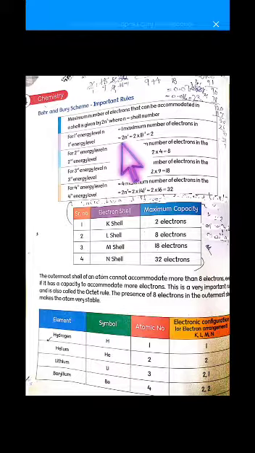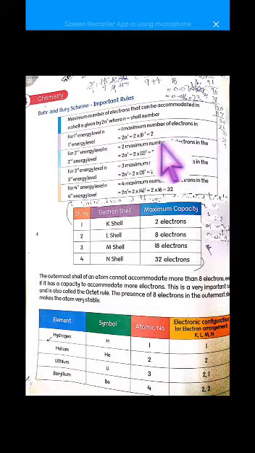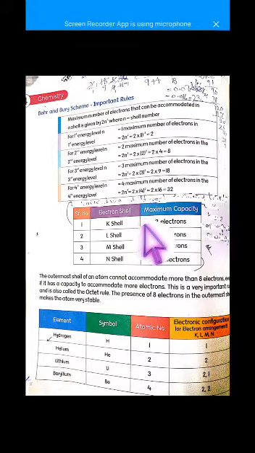For the first energy level, we put 1 in n, and the square of 1 is 1. 2 into 1 is equal to 2. So the number of electrons in the first energy level is 2. As already told, 2 electrons can be held in the K shell.